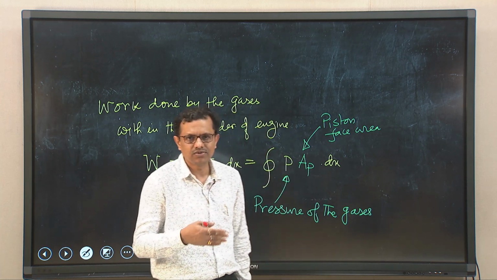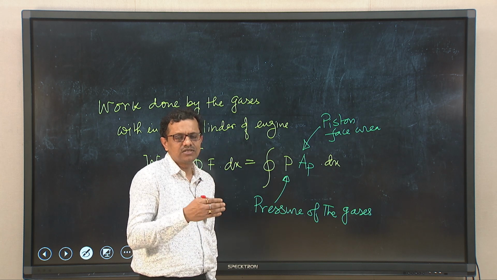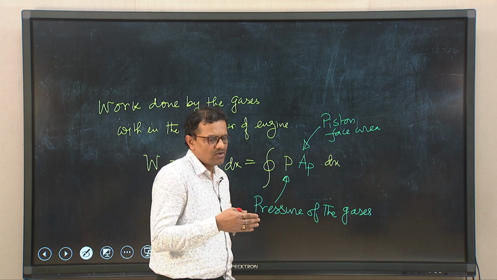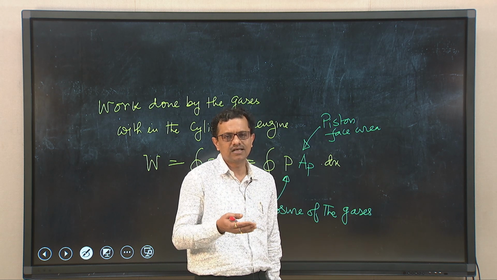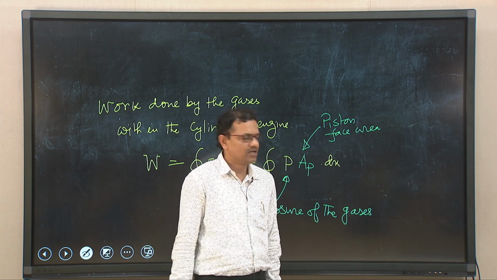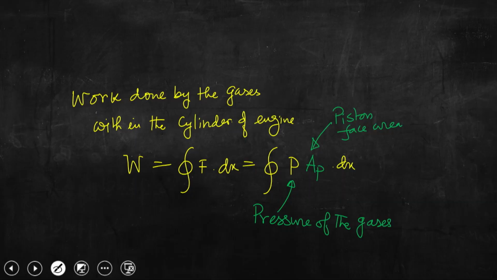Whether it is a 4-stroke engine or a 2-stroke engine, all these engines execute several processes by a cycle. So, this cyclic integral indicates work done per cycle.